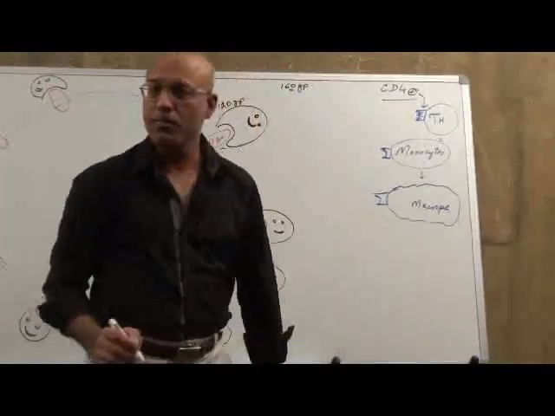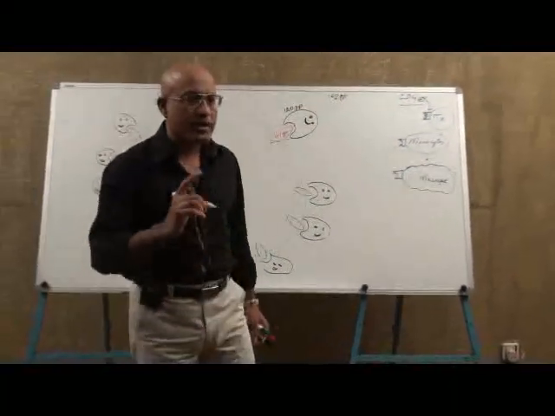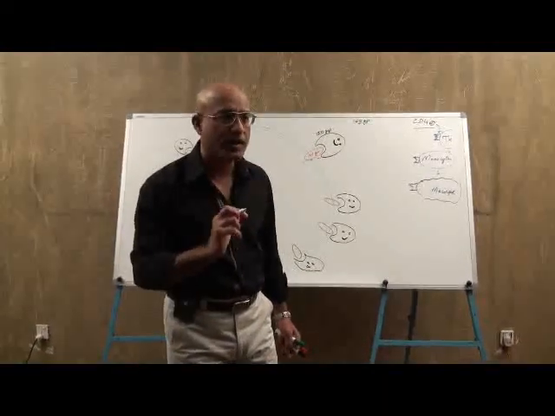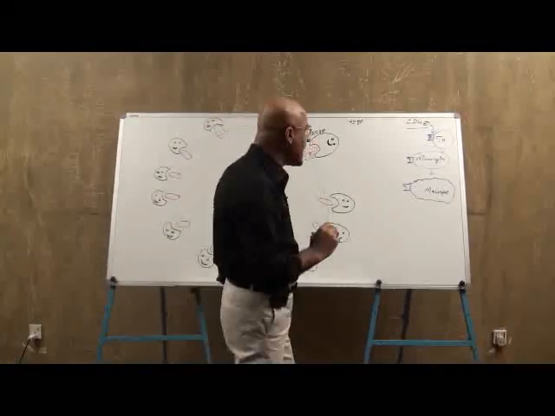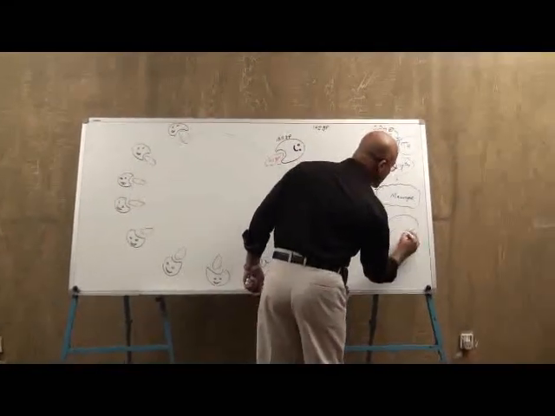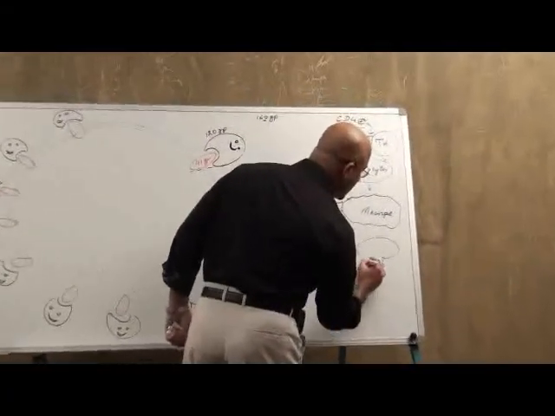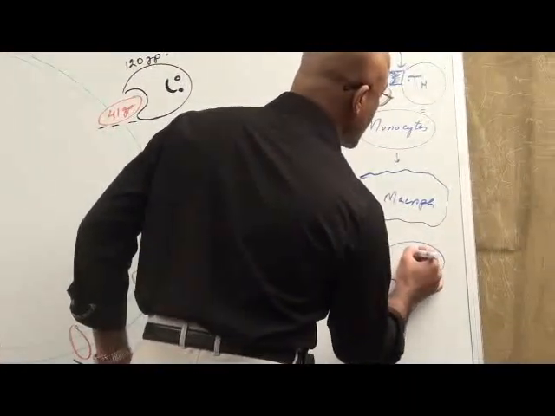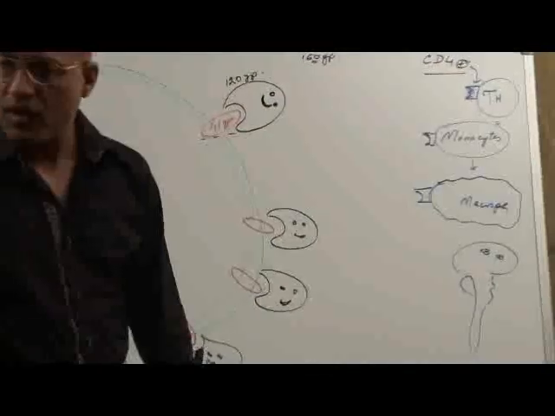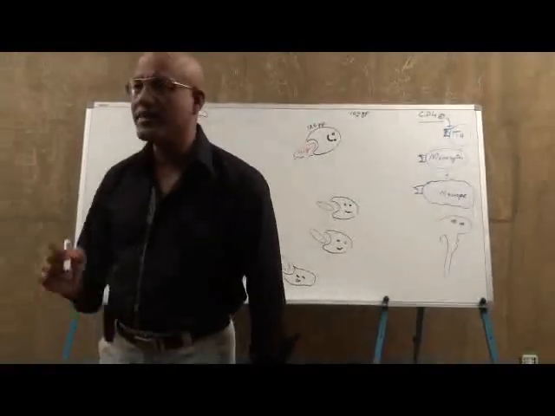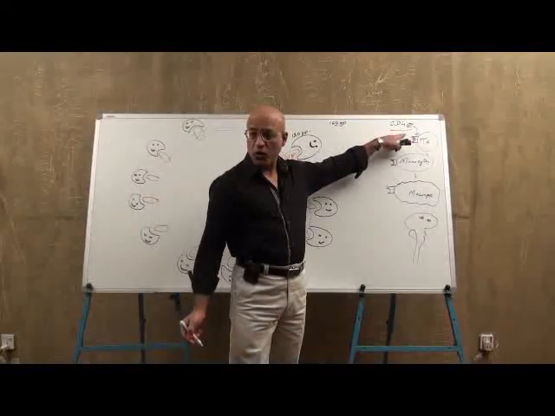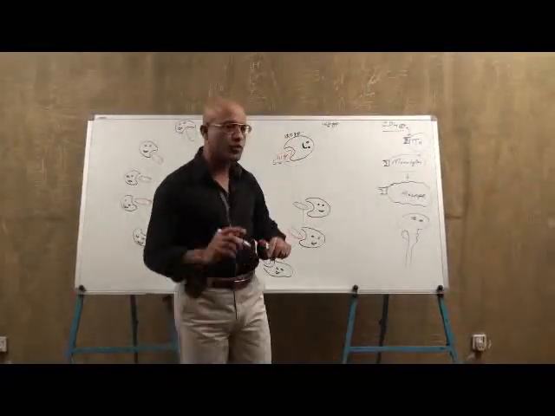Some macrophages enter the central nervous system and are called microglia, monocyte derived cells. They also have CD4.